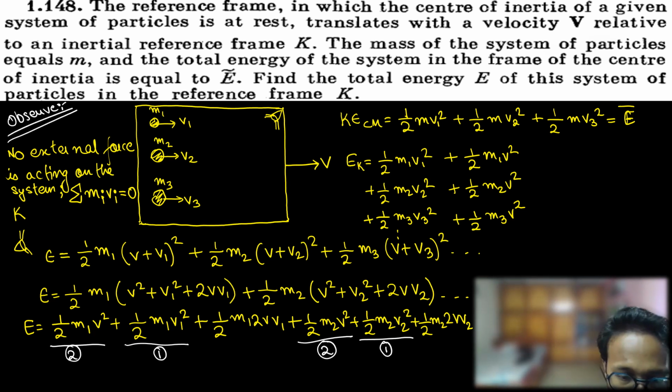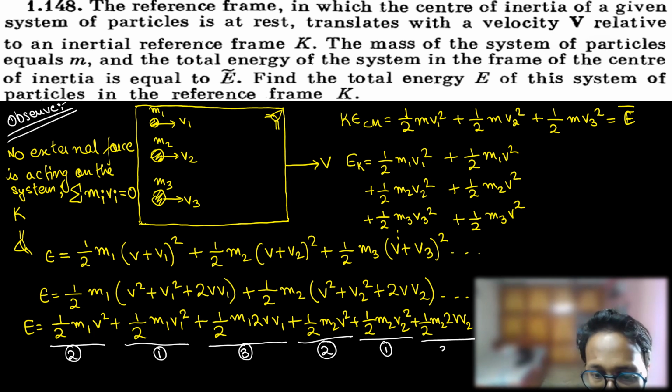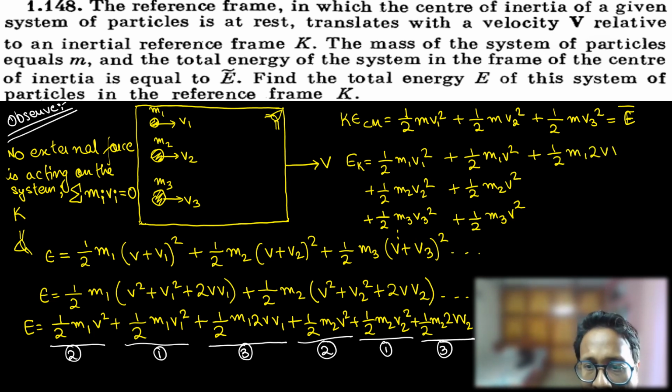Now the third kind of value: half m1 into 2vv1, half m2 into 2vv2, and so on. The 2 and the 2 will cancel, so it will be m1 v v1 plus m2 v v2 plus m3 v v3 and so on.